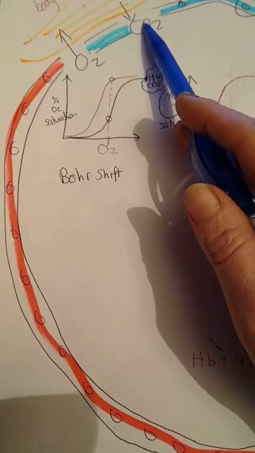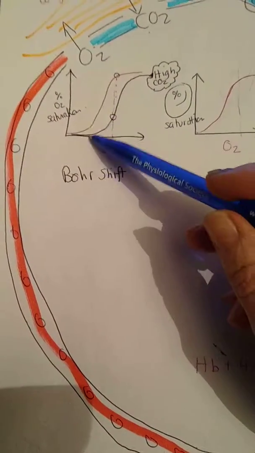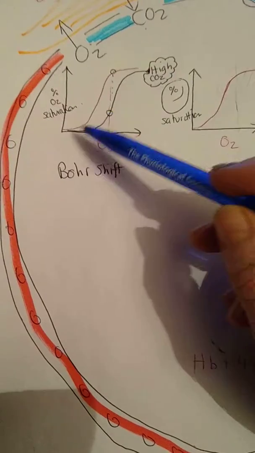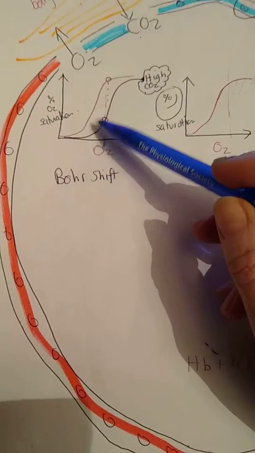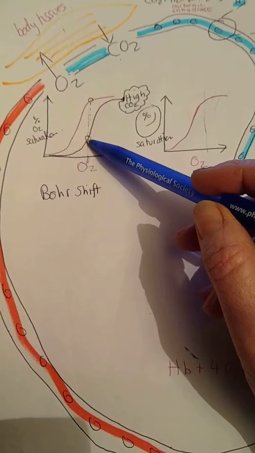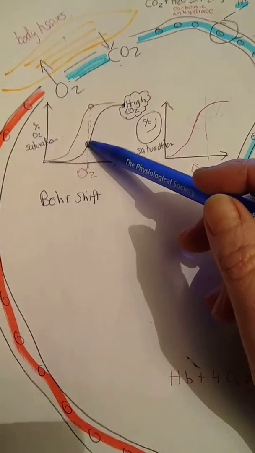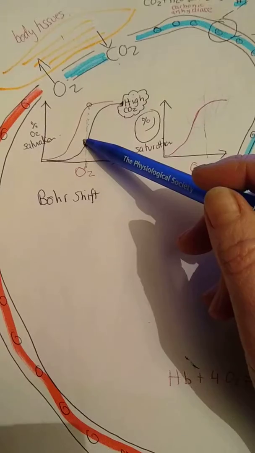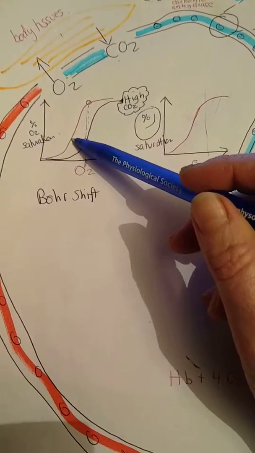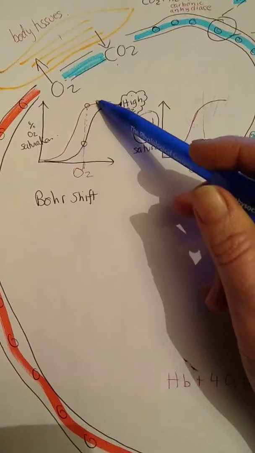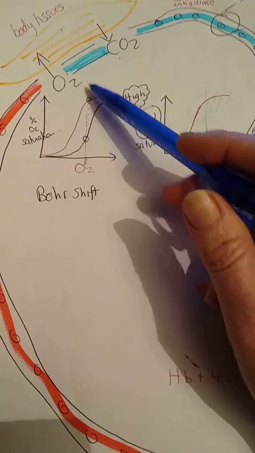In the presence of carbon dioxide, we shift the curve to the right because of the hydrogen ions, which are competing with oxygen for the hemoglobin, and this causes the oxygen to be released at lower partial pressures than it otherwise would.